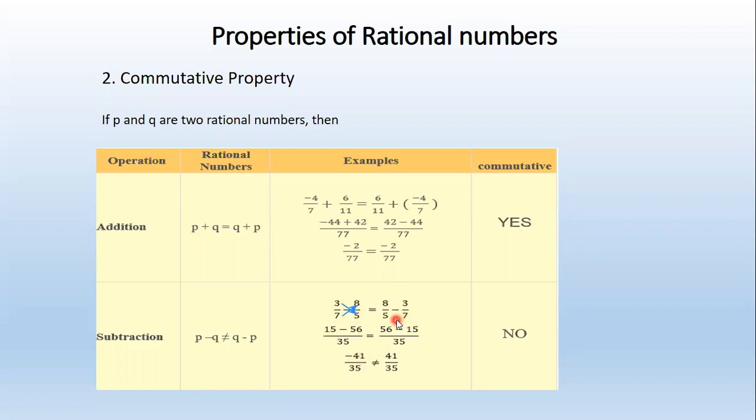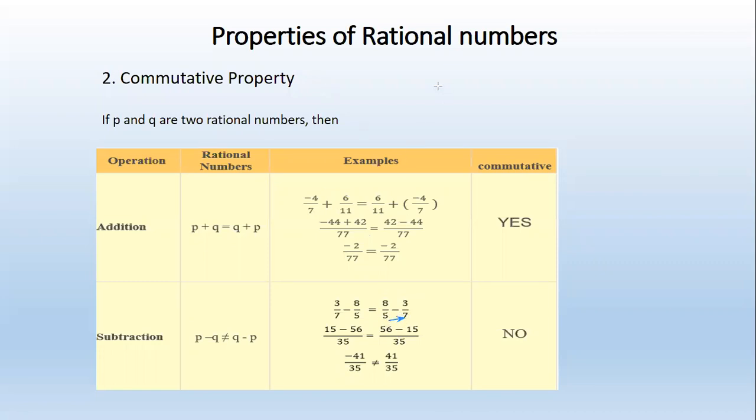In the right hand side, the numbers are 8 by 5 minus 3 by 7. So when we do the subtraction, we multiply the denominators, that is 5 into 7 is 35.